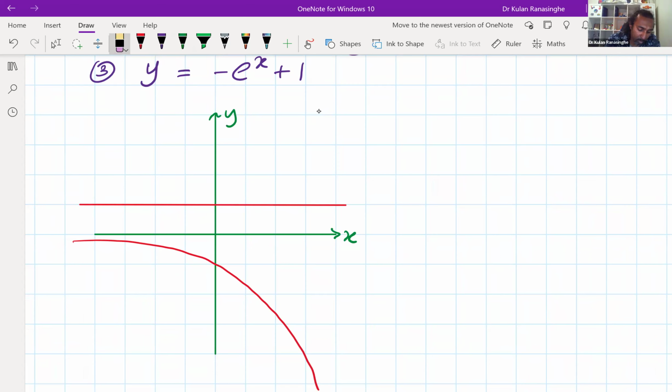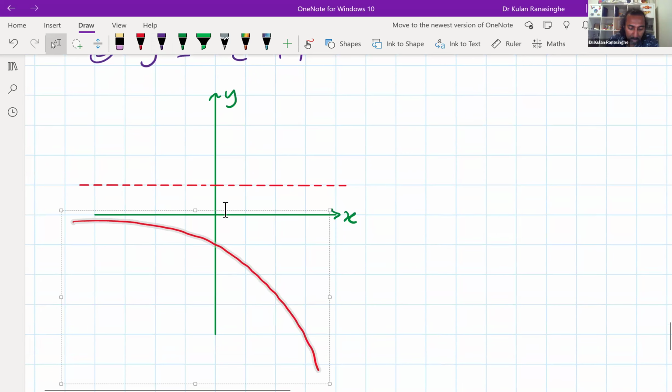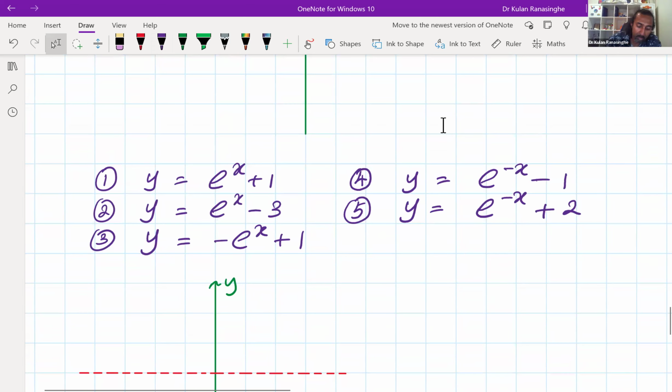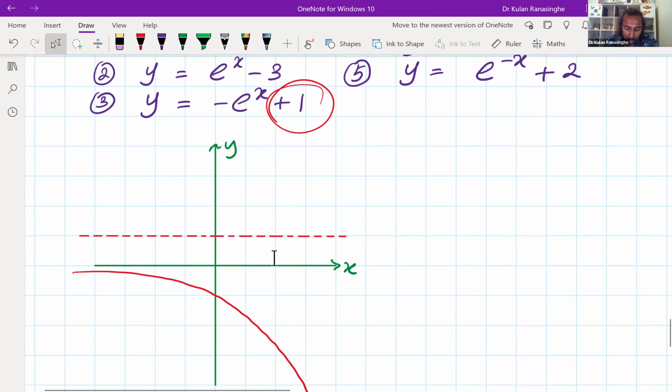Use a broken line here to indicate the asymptote. Right, we're going to translate it now. We've only done the reflection. Now we are going to translate. How do I translate? Obviously, 1 unit in the positive direction of the y-axis.